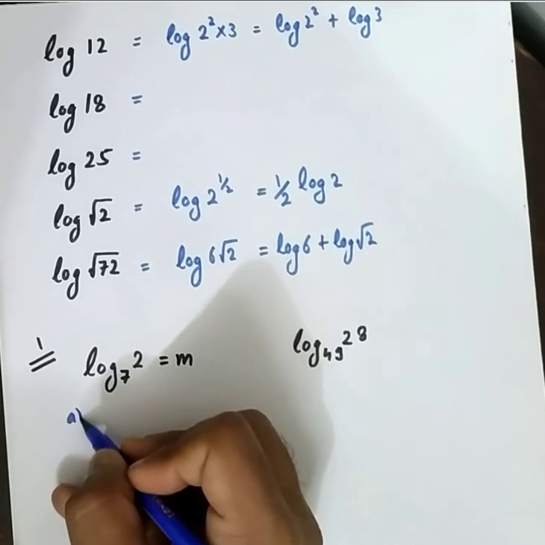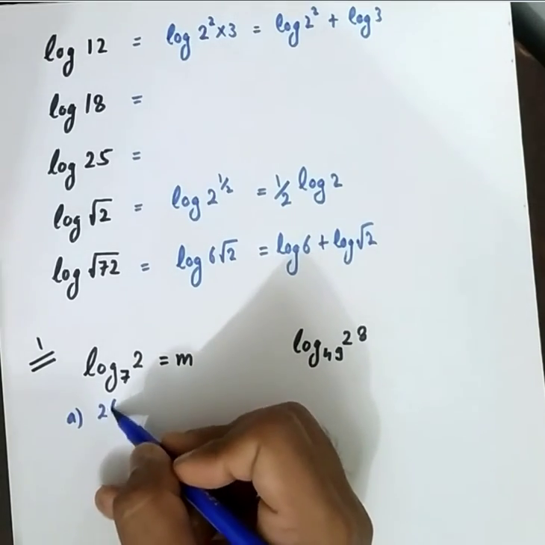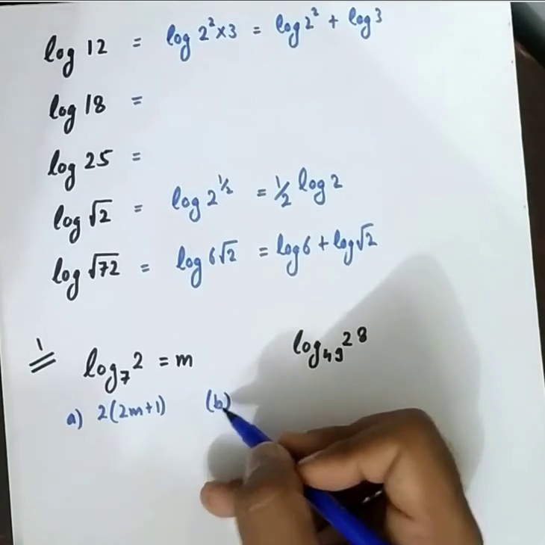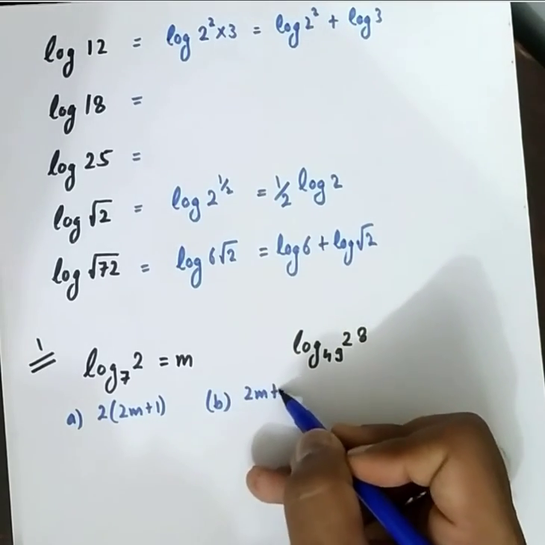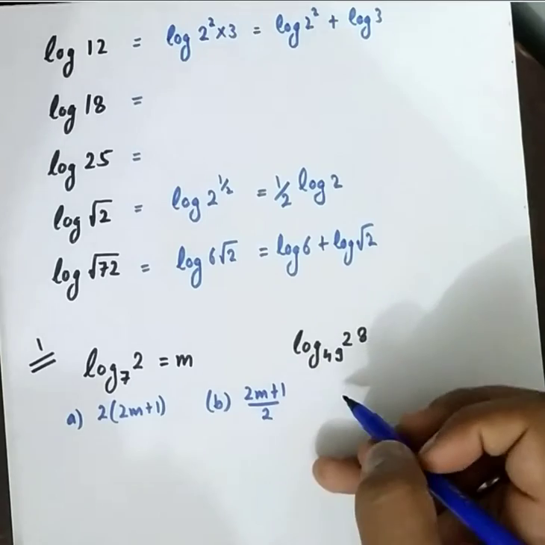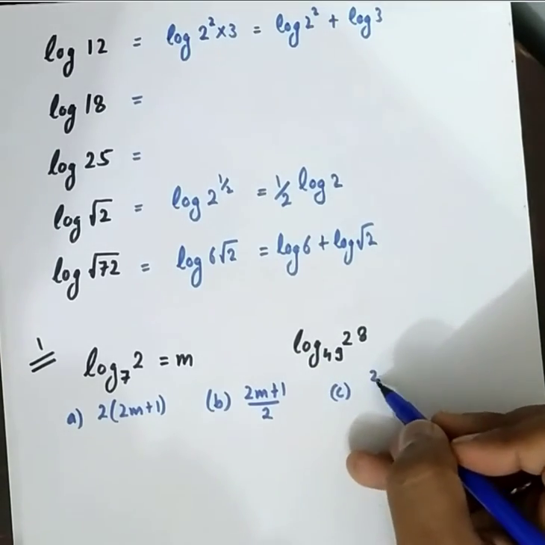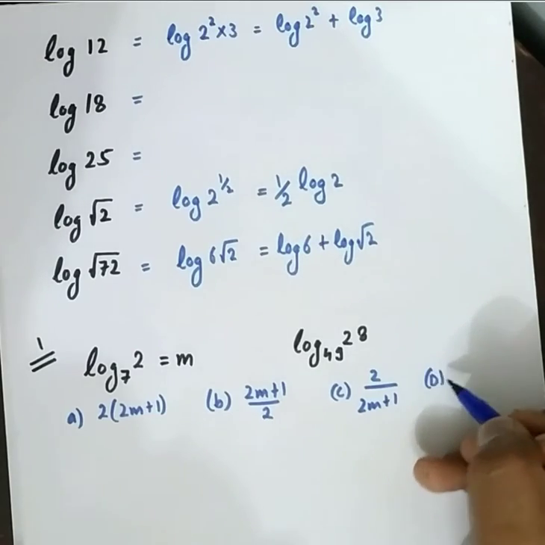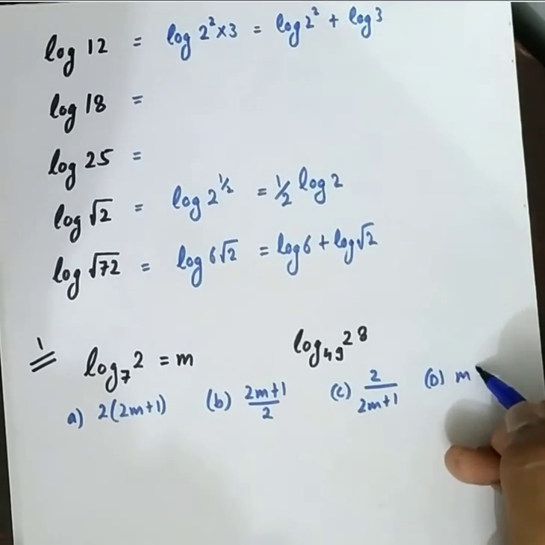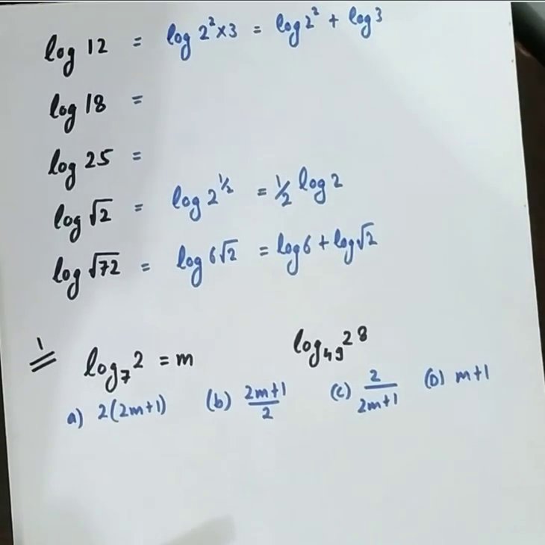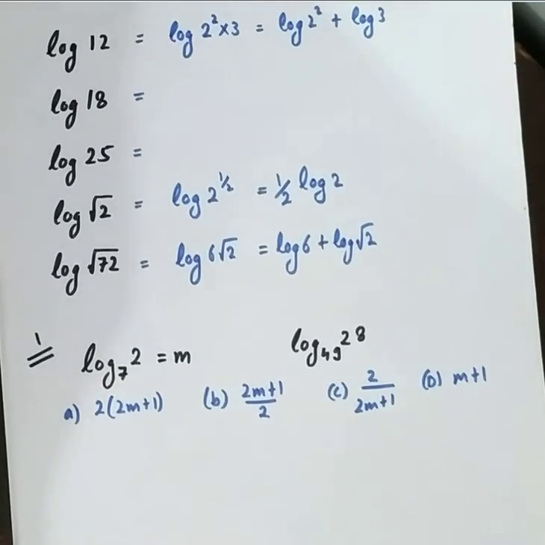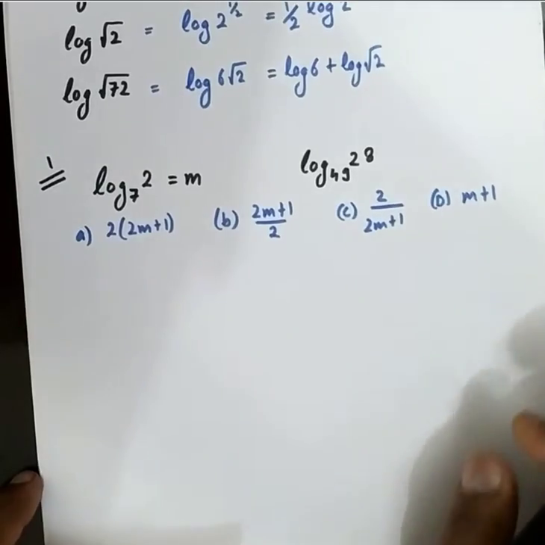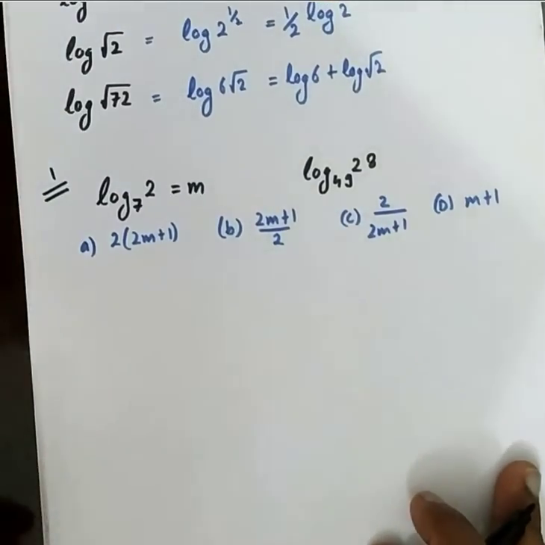The option choices are A, 2 multiplied by 2m plus 1. B says 2m plus 1 divided by 2. C says 2 upon 2m plus 1. And D says m plus 1. So I hope some of you have got to the answer. If yes, good. Otherwise, let's go ahead and watch the solution.